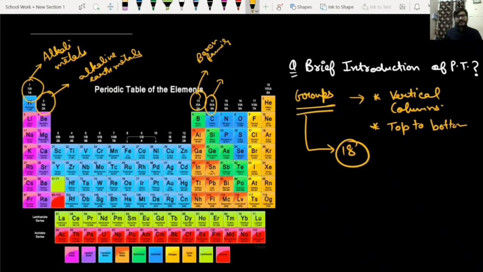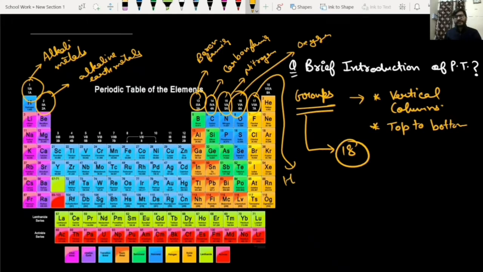Group number 14 is known as carbon family. Group number 15 is known as nitrogen family. Group number 16 is known as oxygen family. Group number 17 are known as halogens. And group number 18, as you already know, many times you have come across these gases. These are known as noble gases.